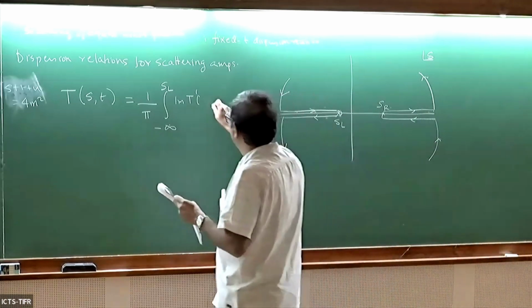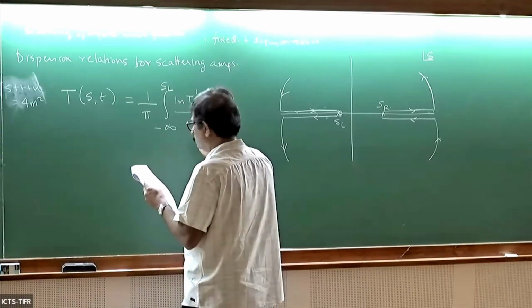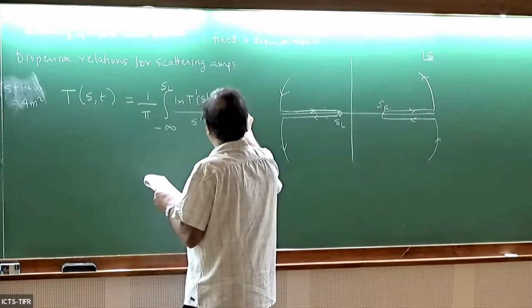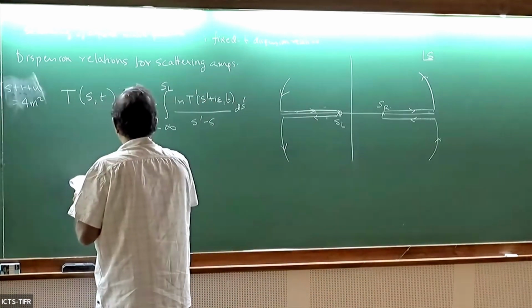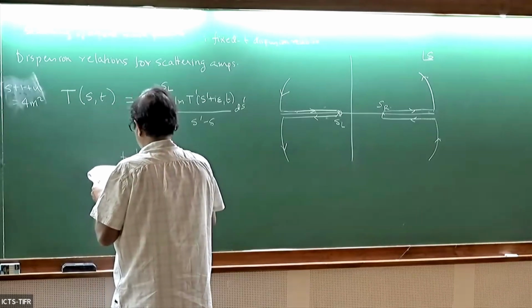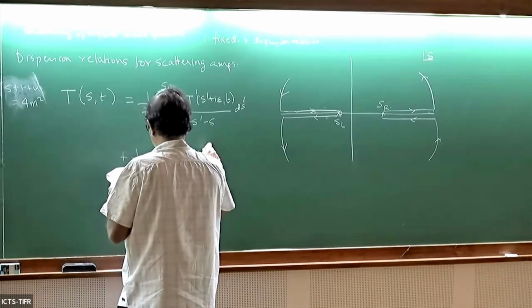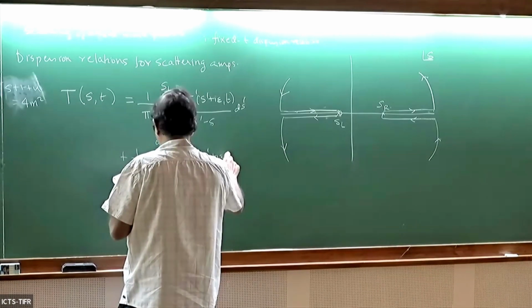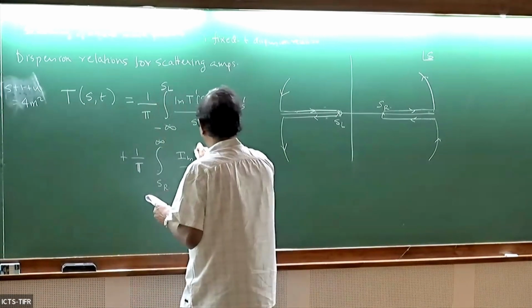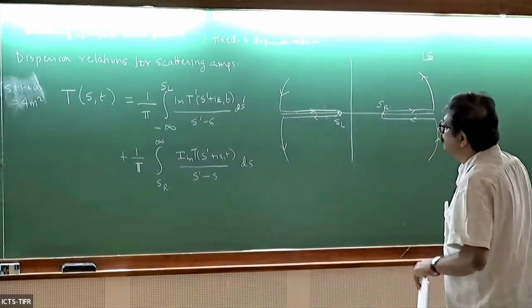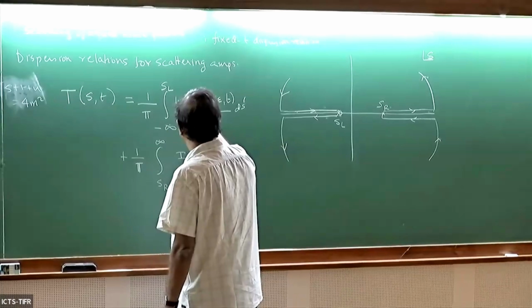So this again has to be the integral of the imaginary part of T at s' plus i epsilon, at fixed t, divided by the Cauchy kernel, s' minus s, ds', plus 1 by pi times the integral from S_R to infinity of the imaginary part of T at s' plus i epsilon, t, divided by s' minus s, ds'. But again, we have to keep in mind that this is the absorptive part in the s channel and this is the absorptive part in the u channel.